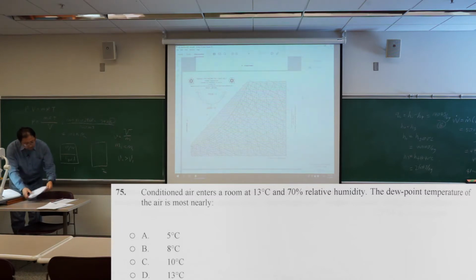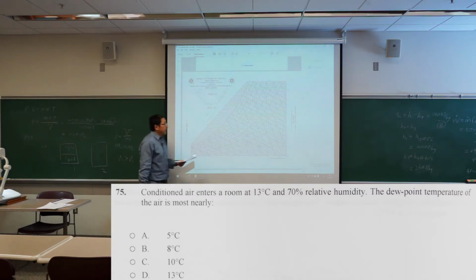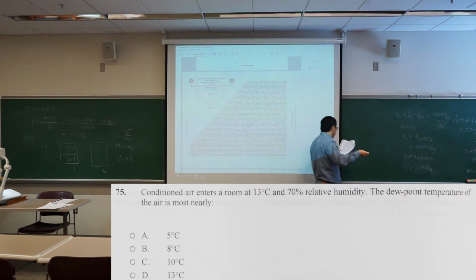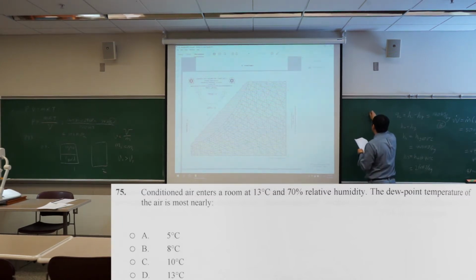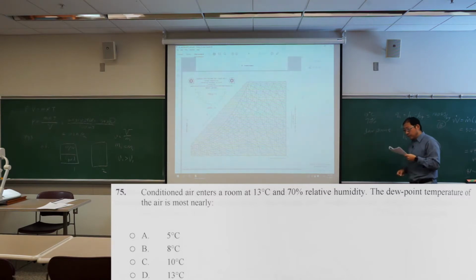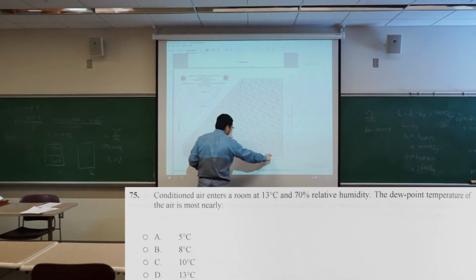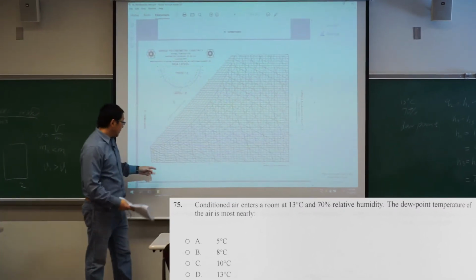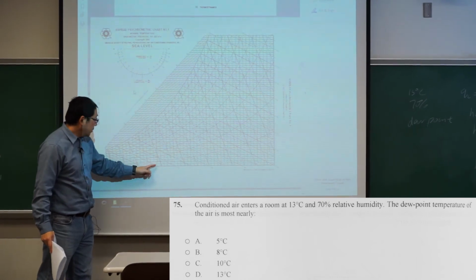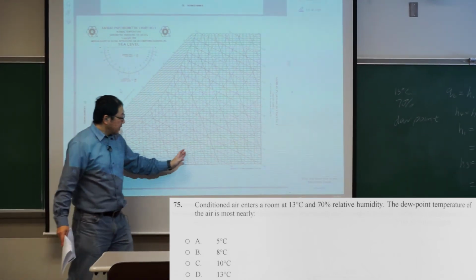It's asking for air. Obviously, this is the air, and it's asking for at 13 degrees Celsius, 70% relative humidity. What is the dew point? Dew point temperature. You need to understand for the psychrometric chart, the horizontal temperature, that's the temperature you read, 10, 20, 15, that's the number.